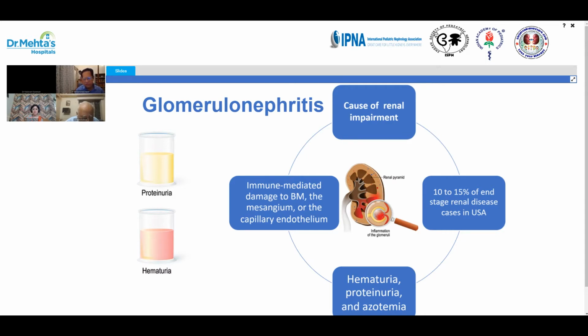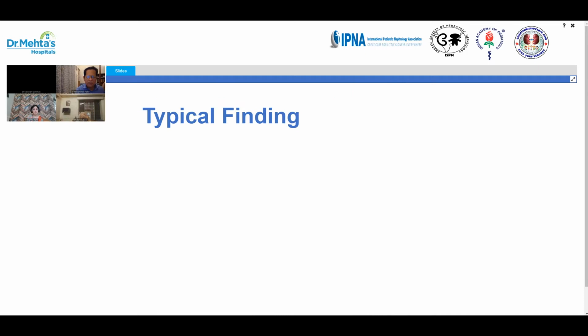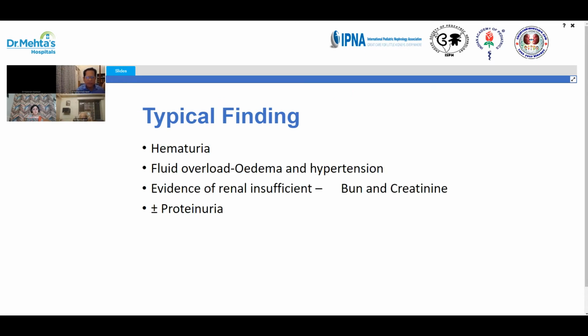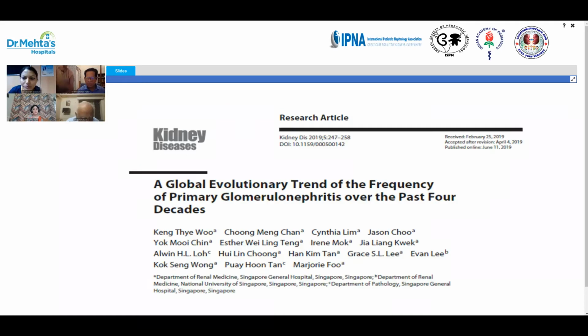This inflammation results in hematuria, proteinuria, and azotemia. The clinical findings are hematuria, fluid overload, edema, and hypertension. There is evidence of renal insufficiency, as already mentioned.